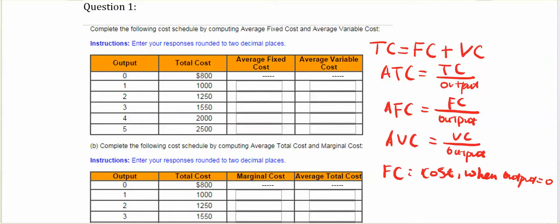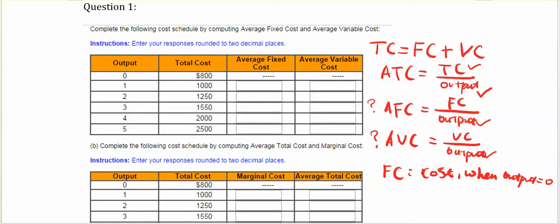In this question, the first column is our total output, and the second column is the total cost. The third column is average fixed cost. The fourth column is average variable cost. So if we know the output and the total cost, it asks for the average fixed cost and average variable cost.